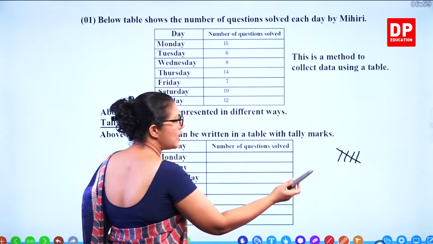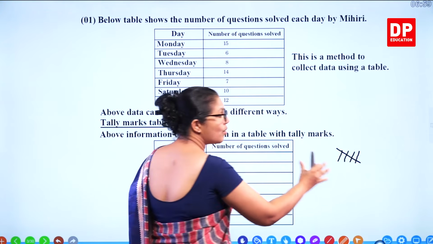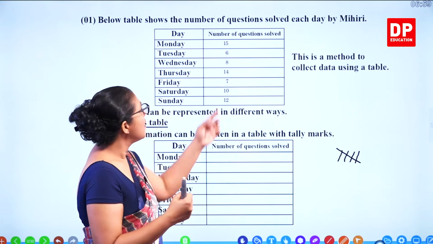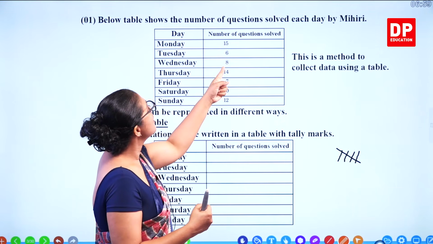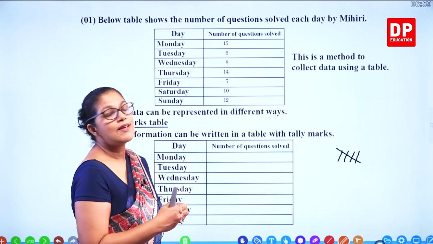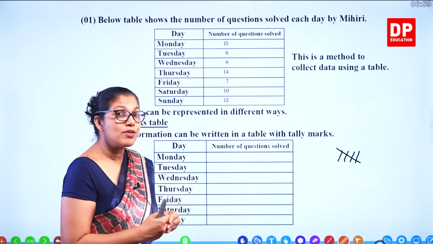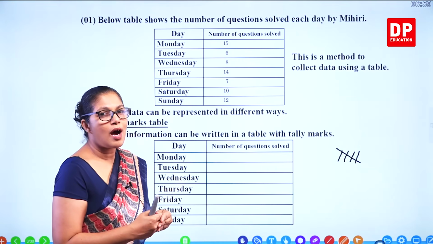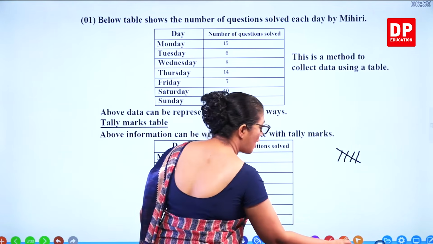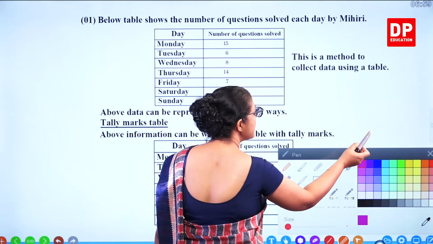So that it's easy to count, a bundle of 5s. If we take this one, it's difficult to count, but when it comes to this one, it's really easy. So we are using tally marks to count data. We'll try to construct a tally marks table for this information.